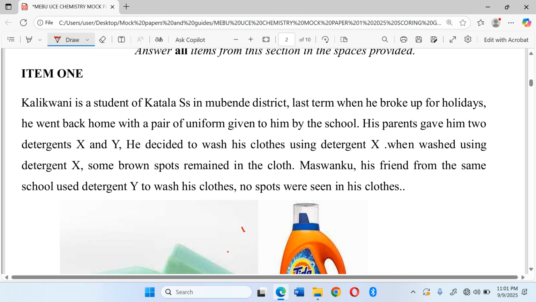His parents gave him 2 detergents, X and Y. He decided to wash his clothes using detergent X. When using detergent X, some brown spots remained in the cloth. Maswanku, his friend from the same school, used detergent Y to wash his clothes. No spots were seen in his clothes.